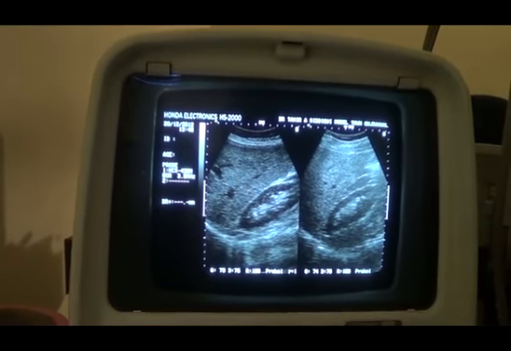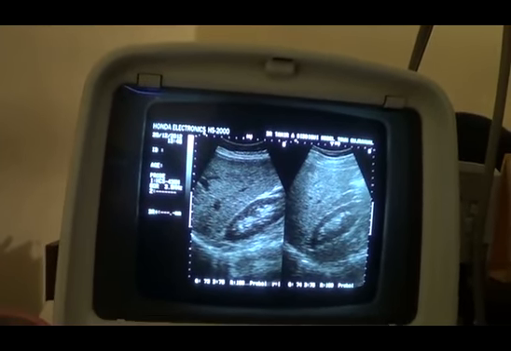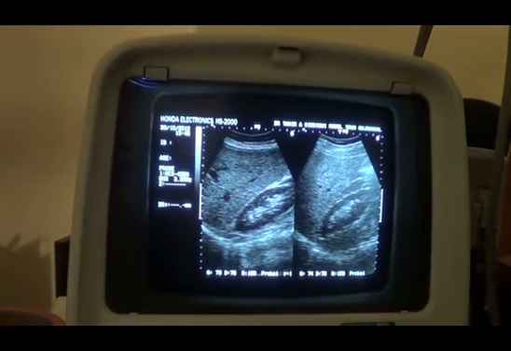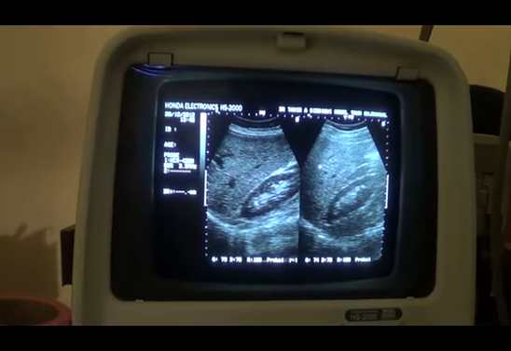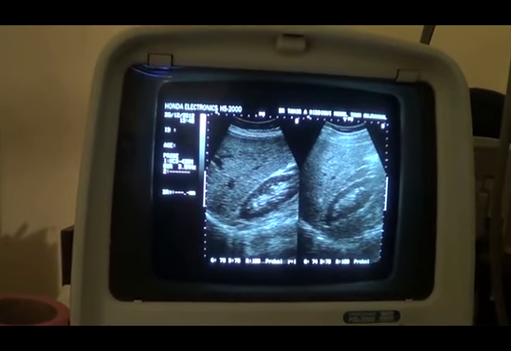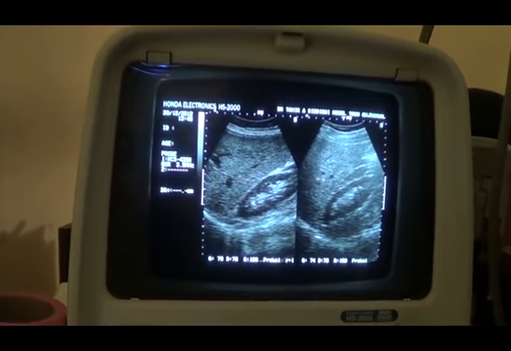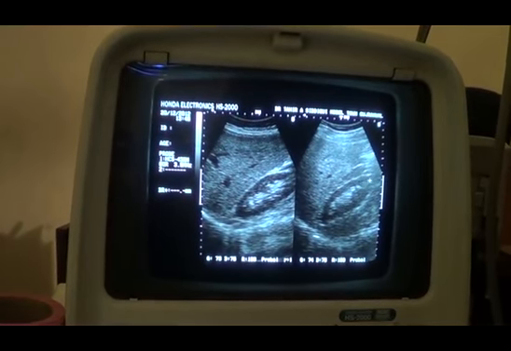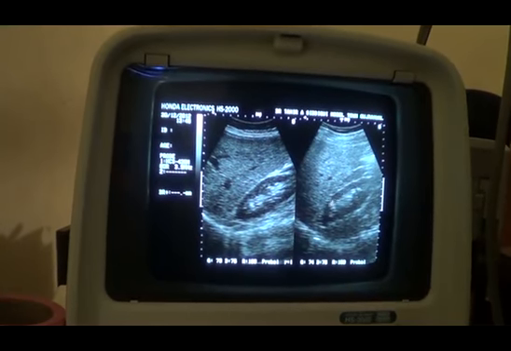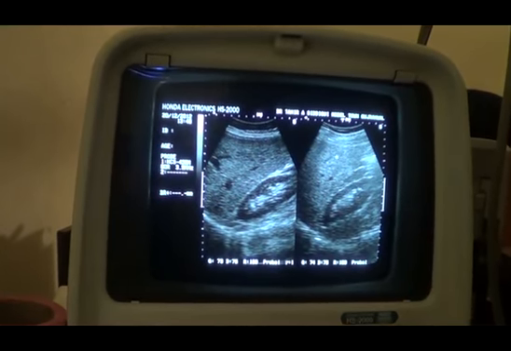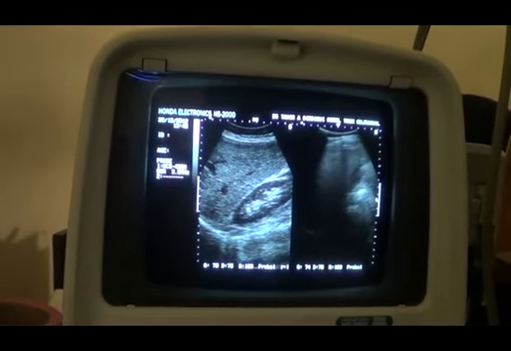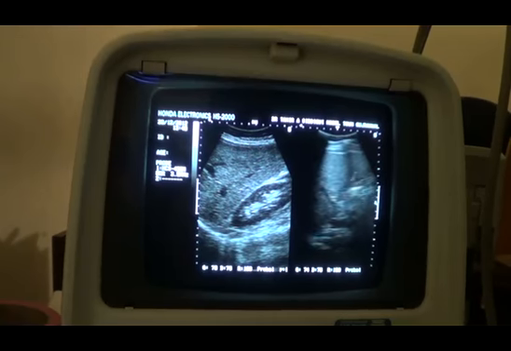The outer surface is smooth. The echogenicity of the liver is homogeneously increased, and the texture is smooth. There is no coarseness, and this decrease in the parenchymal echo brightness is because of the fat in this liver. So this is a relative fatty liver.